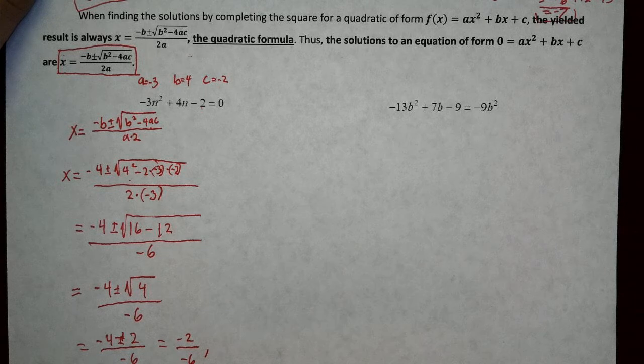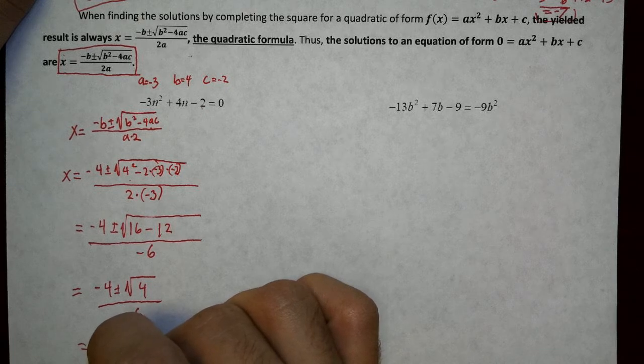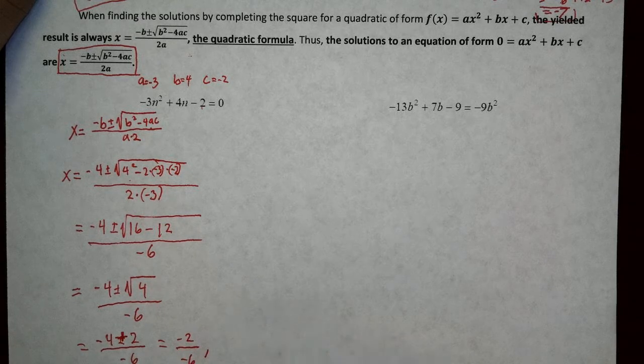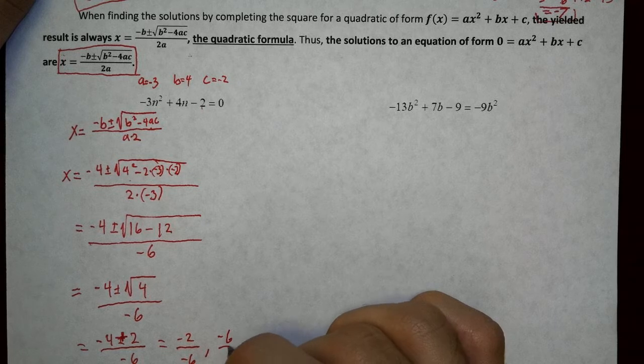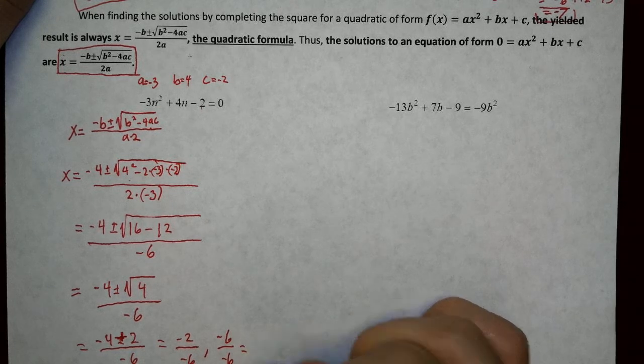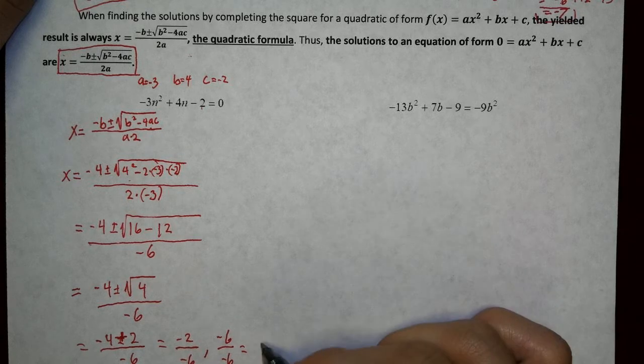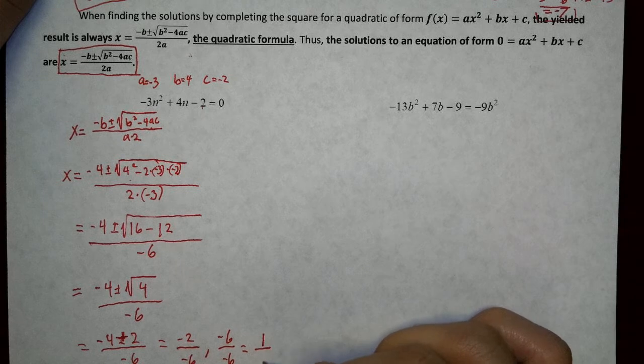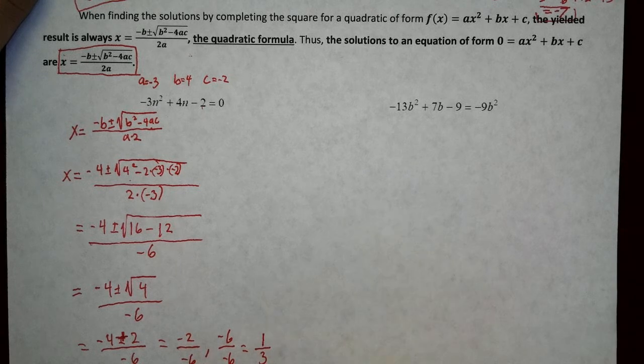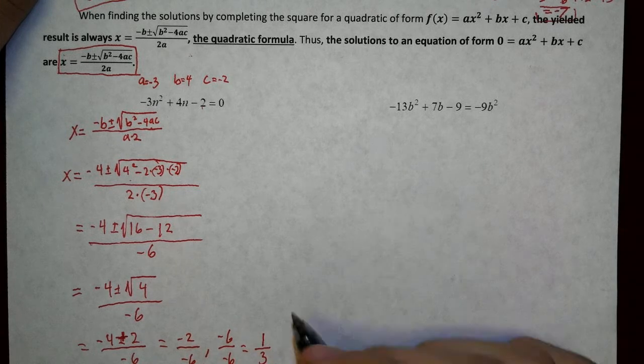That's going to be a negative 2 up here. And then we're going to have negative 4 minus 2. Let's try and fix that. Negative 4 minus 2, we're going to have negative 6 divided by negative 6. Okay, simplifying these fractions, negative 2 divided by negative 6, they have a common factor of 2. So that would be 1 divided by 3, or 1/3, is the same as negative 2 divided by negative 6.